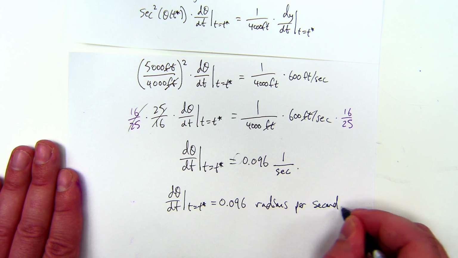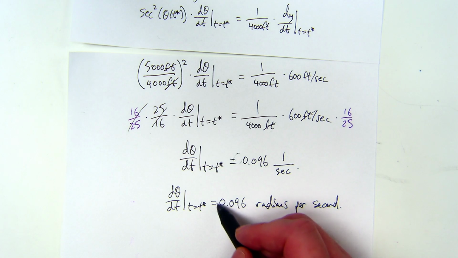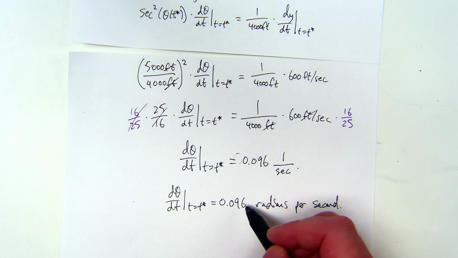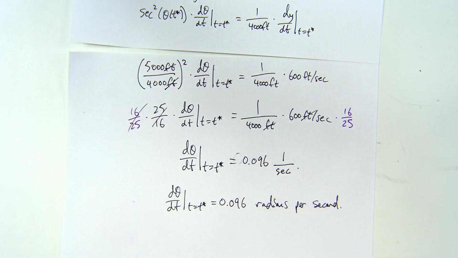Radians aren't a unit in the same way that feet or meters or degrees Celsius are units. And so that's how we can interpret this. What does the sign here mean? Why does it mean that we got plus 0.096 instead of negative? Well, this means that the angle, as expected, is increasing over time. If we consider our pictures again, our angle is increasing with respect to time.